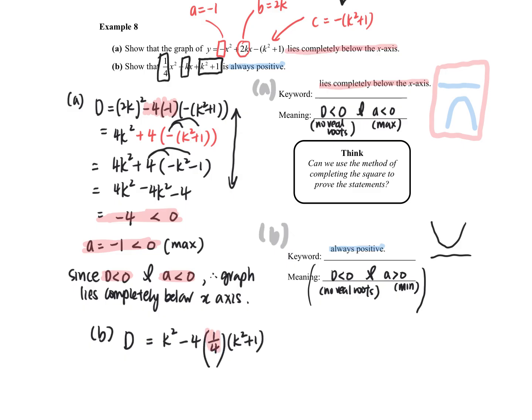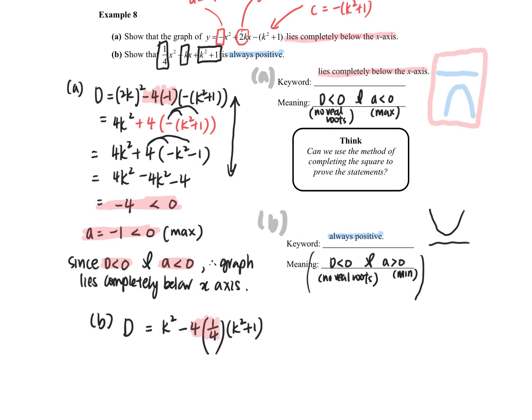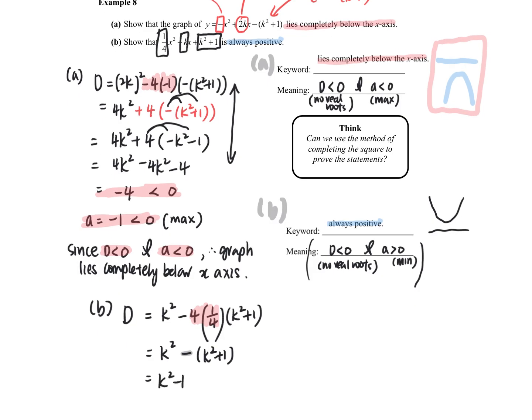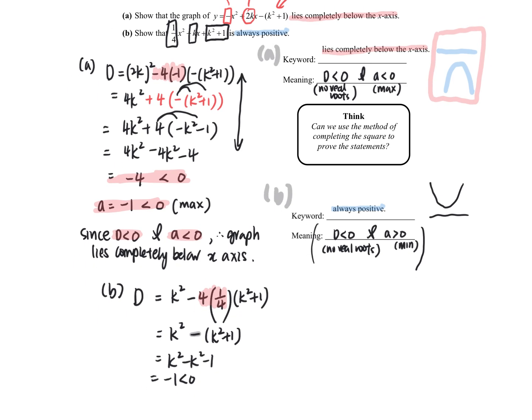So what I do is I will simplify this one first. But if you can see it straight away, don't need to do step by step. So discriminant is less than 0.